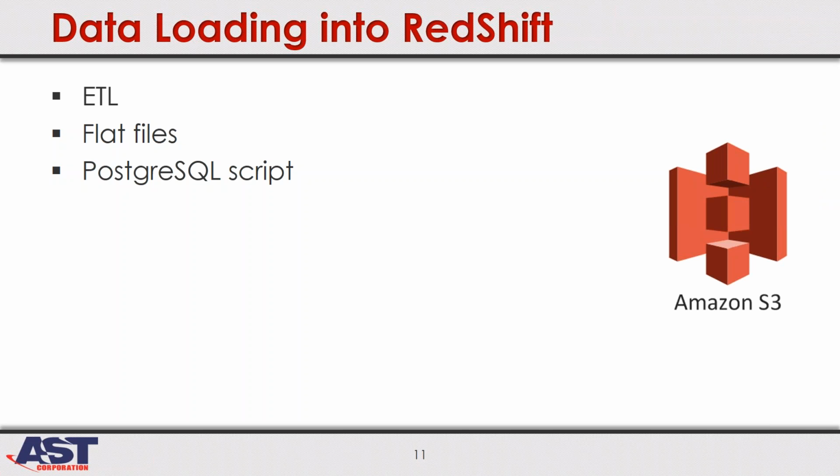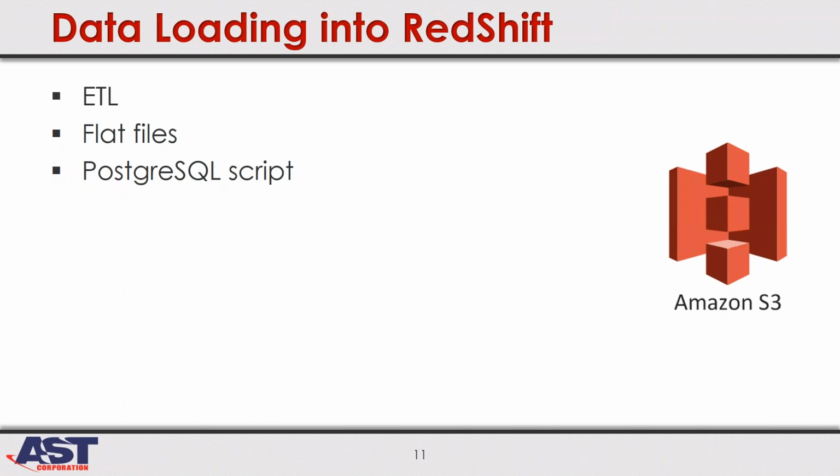So we can upload all our data into S3, and then load that data into Redshift. By listening to that, we'll get a question like, why do we want to upload the data into S3 and then re-upload it into Redshift?